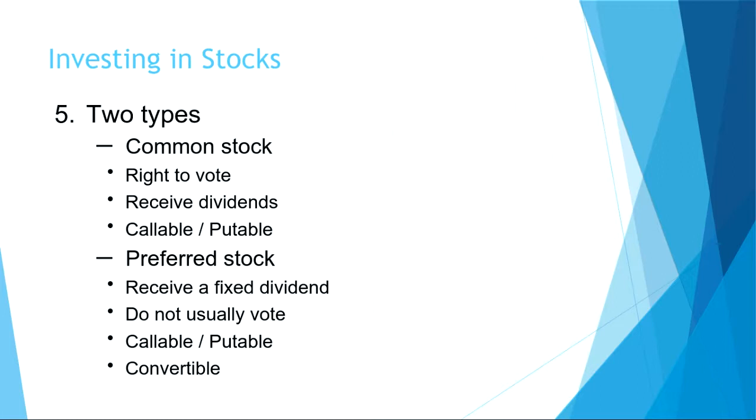Same for the preferred stock as well, right? Paying a dividend is not an obligation. If the company is profitable, then the preferred stock owner will receive the fixed dividend. If not, nothing.